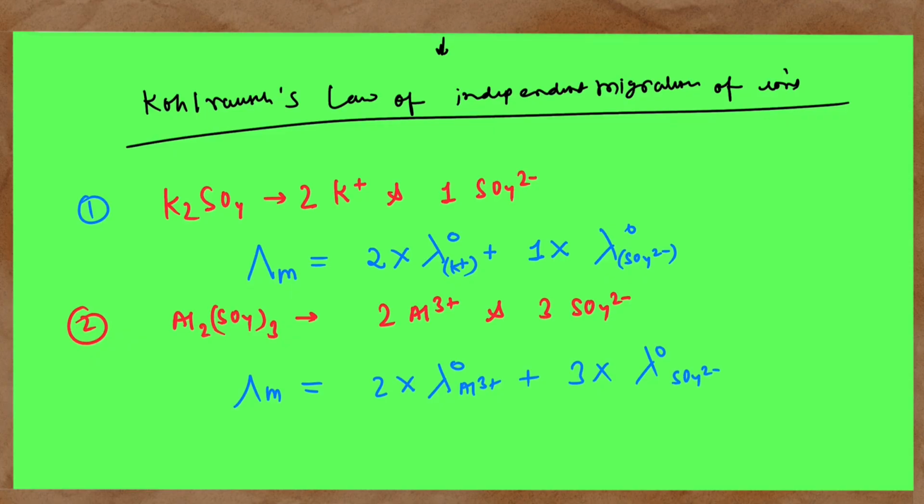So this is a very simple concept. It is basically the sum of all the ions. So in place of writing 2 times lambda naught K plus, I am multiplying lambda naught K plus by 2. So that is our Kohlrausch law. So thank you so much.